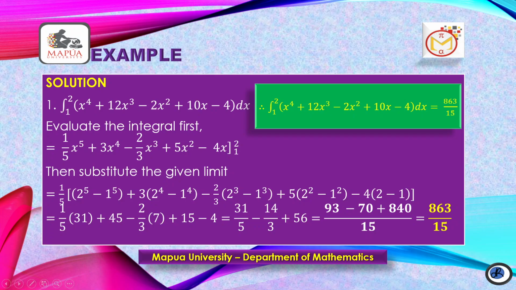And this is understood 56 over 1, so 15 divided by 1, 15 times 56 is 840. So adding up, 840 plus 93 minus 70, you have a total of 863 divided by 15. So this is now our definite integral for this example.